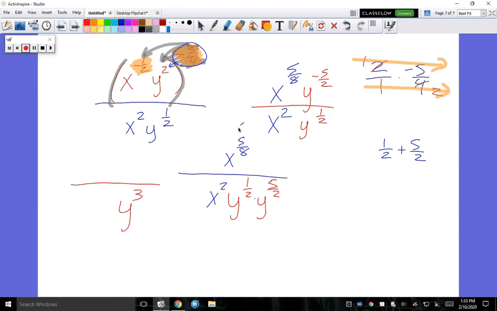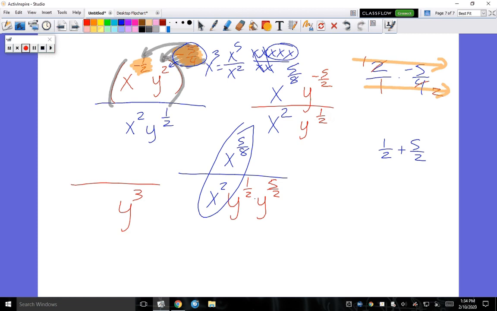When you see things like x to the 5th over x squared, they're easy because you just have 5 on top, 2 on the bottom. The top wins, so you would reduce to x to the 3rd. But when you have these weird fractions, you have to use the rule of same base, dividing. What do I do with the powers when I have the same base and I'm dividing?